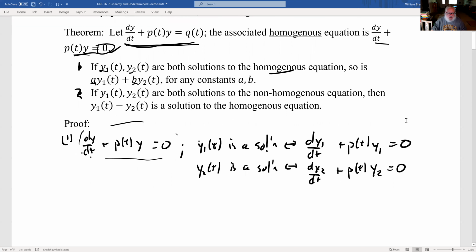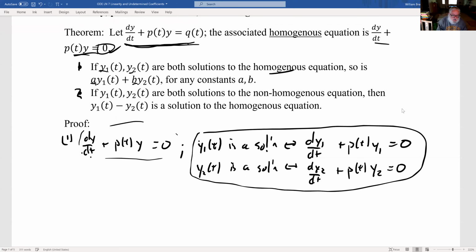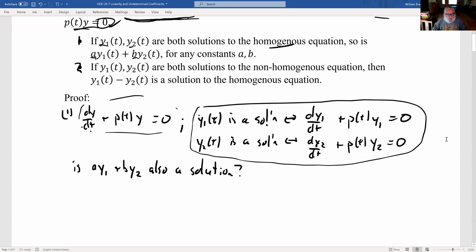Great. So how do I check that something's a solution to an equation? You plug it in and see that it works. So if I know that these two things are solutions, is ay1 plus by2 also a solution, where a and b can be any constants?